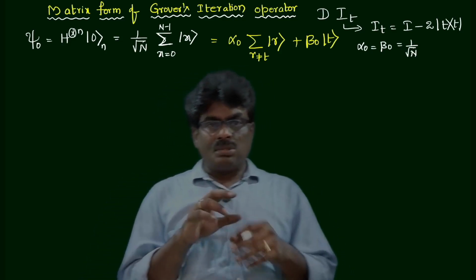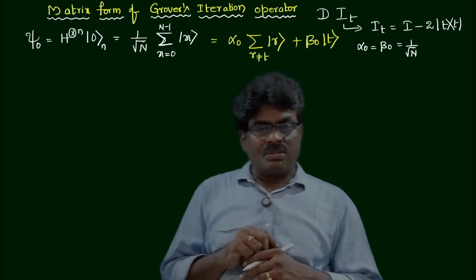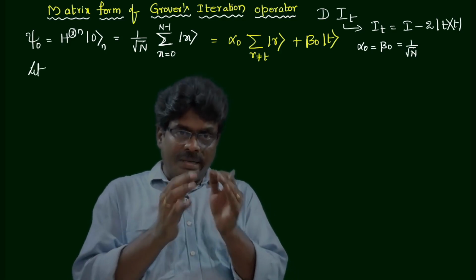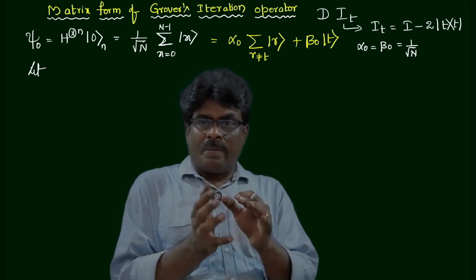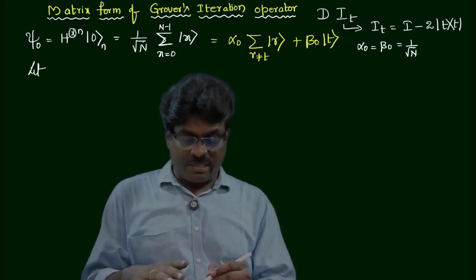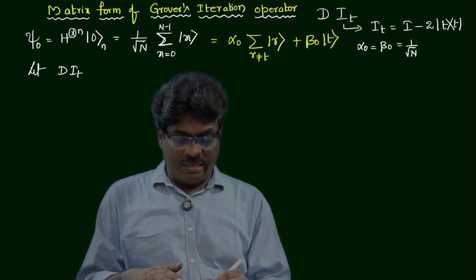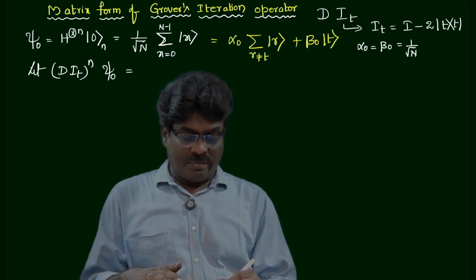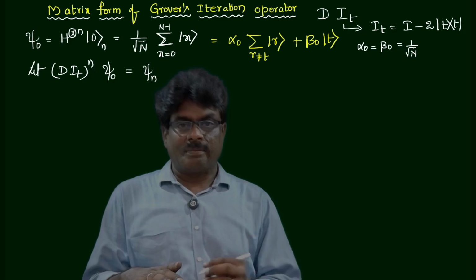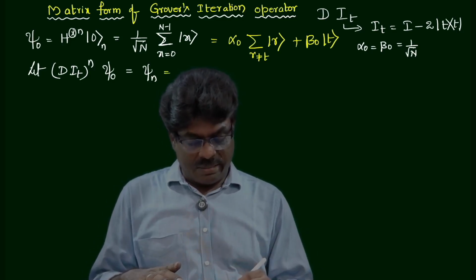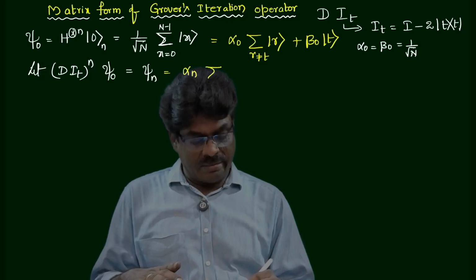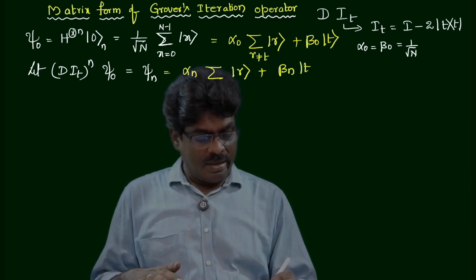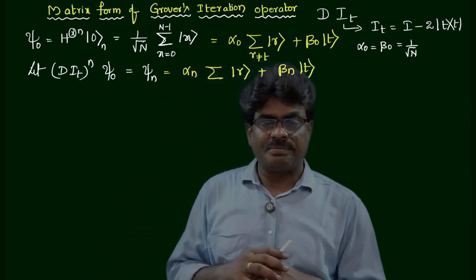Now our aim is to find the matrix form of this operator. So that's why I'm assuming this DI_T operator is operated n times on psi naught. Then we may get psi n. This psi n is nothing but, let us suppose, alpha n for the remaining states, and beta n, the amplitude of the target state.